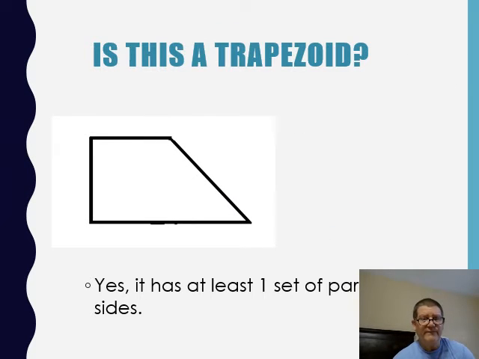Notice on this trapezoid, we still have one set of parallel sides. Since it has one set of parallel sides, this is also a trapezoid, okay? So those are the two. If you did exclusive, those would be the only two figures that would be classified as a trapezoid. But since we're using the inclusive, you also would include squares, rectangles, parallelograms, and rhombuses.